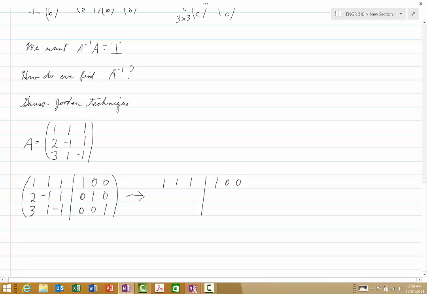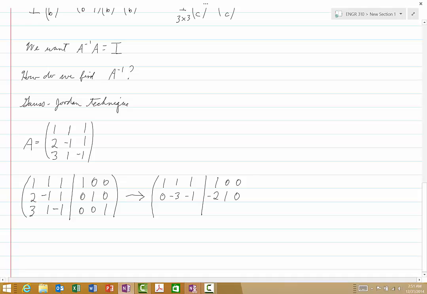So let's do that. Negative 2 times 1 is negative 2, and 2 gives 0. Negative 2 times this 1 is negative 2, and negative 1 gives negative 3. Negative 2 times this 1 is negative 2, and 1 is negative 1. Negative 2 times this 1 is negative 2, and 0 gives negative 2. Negative 2 times 0 is 0, plus 1 is 1. Negative 2 times 0 is 0, and 0 plus 0 is 0.